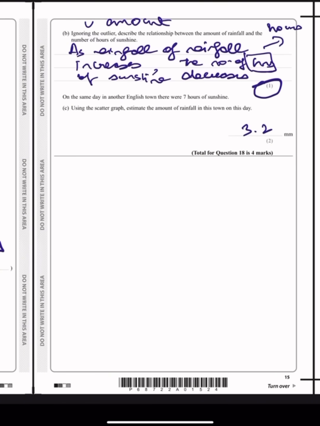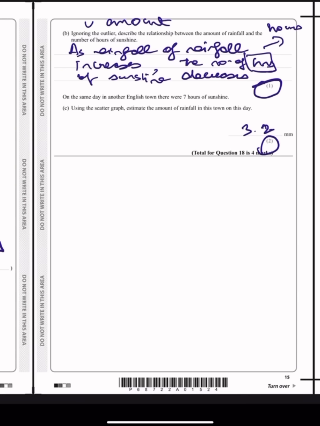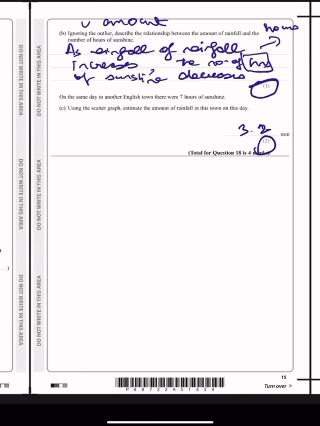And that will be your second mark, because you looked at the graph and made those little points connected to the scatter graph, that will be 1 mark, and then writing your answer is the second mark. And that's how you'll gain 4 full marks for this question.